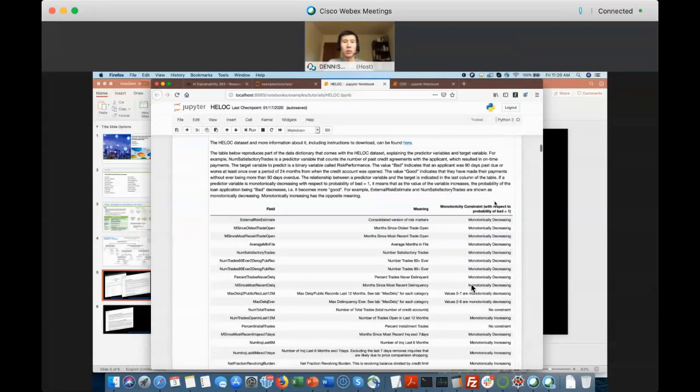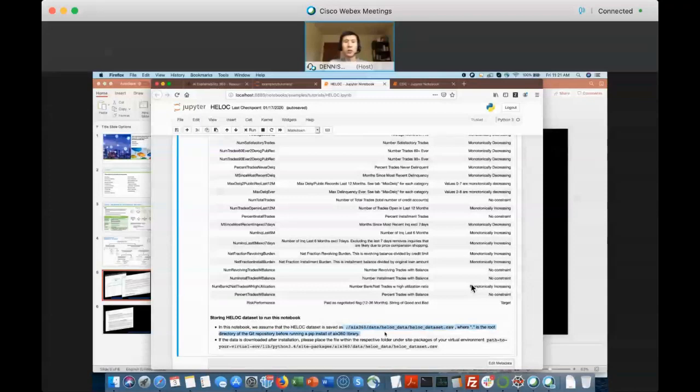There are instructions on how to go to the FICO web and get it yourself. You have to fill out a form, and then a link will be emailed to you. And once you get the file, there are instructions that are repeated here on where to put it within your local file structure, so that it gets recognized.